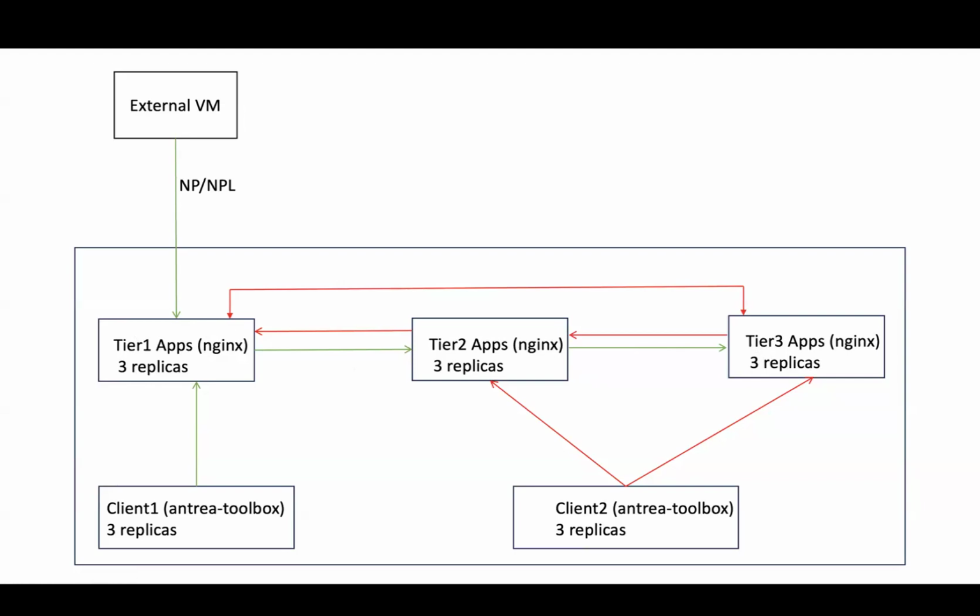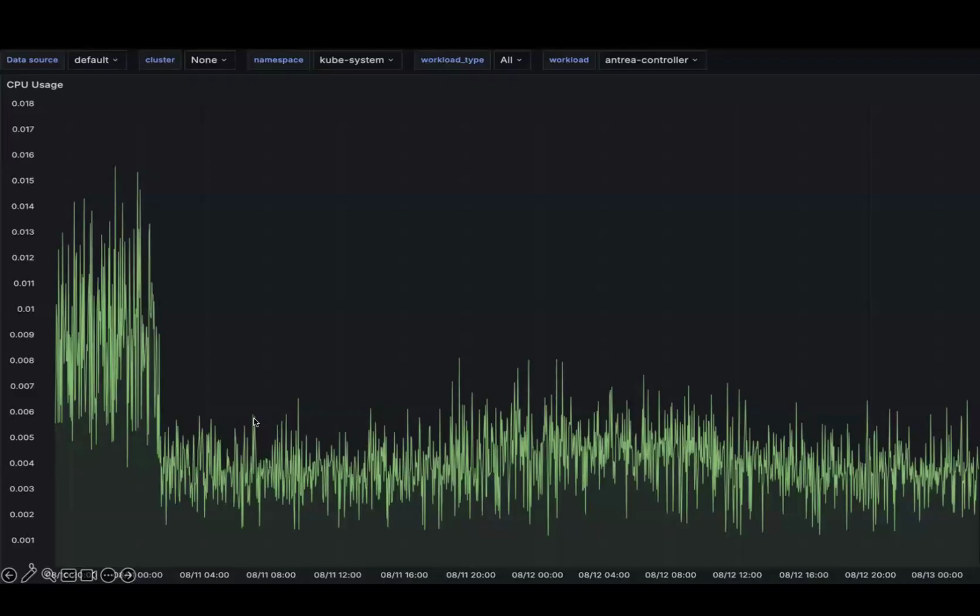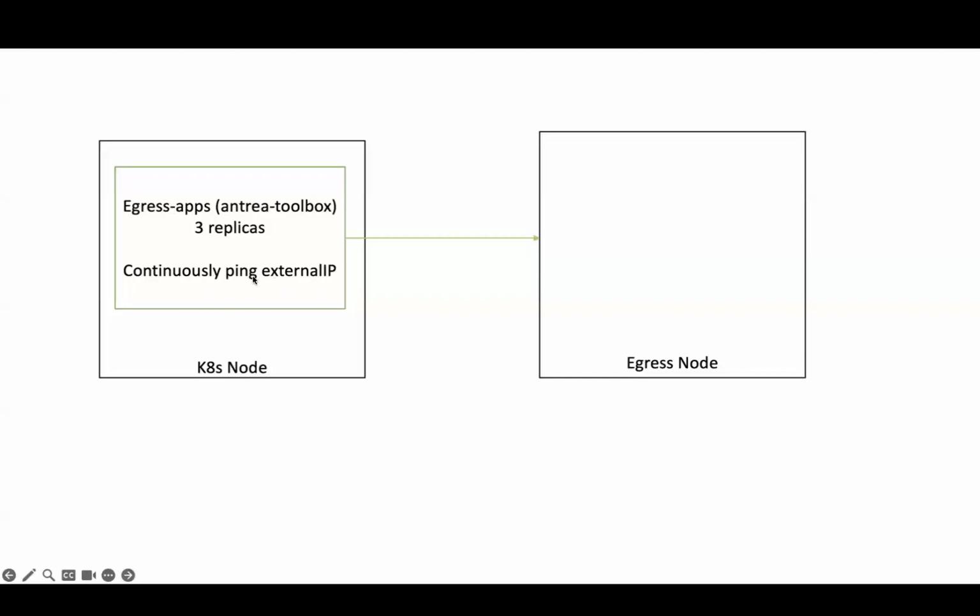Okay, so actually there are 5 deployments in this one namespace. In another namespace, I have node port local and the rest all the same. So it is 10. And we also have one egress namespace for this one. So it's 11.